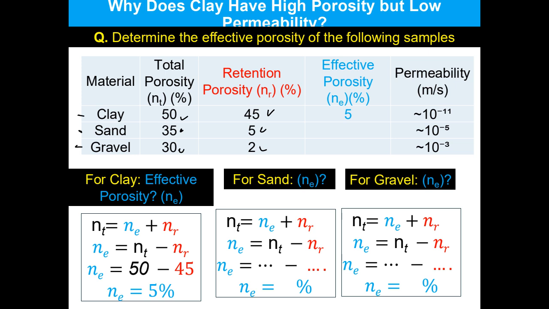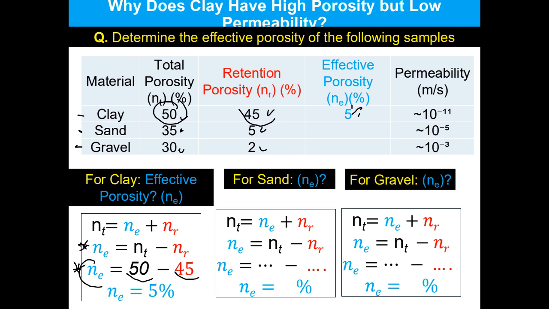And once you get this equation, it becomes easy. So all I have to do now is plug the numbers. Effective porosity is equal to total porosity. Now for clay, total porosity is 50%, so I'm going to put it right here. Minus retention porosity, 45, right here. And 50 minus 45 is 5%.